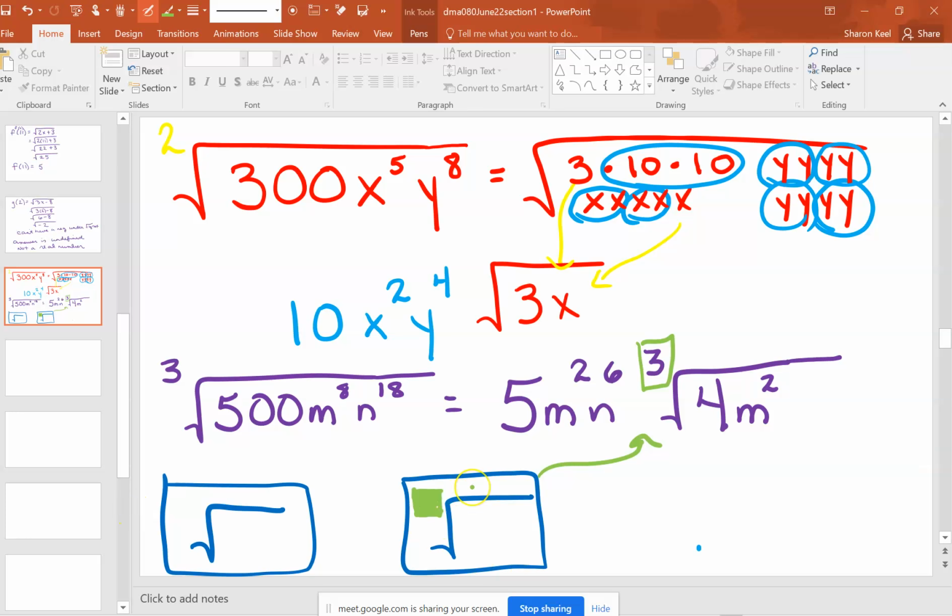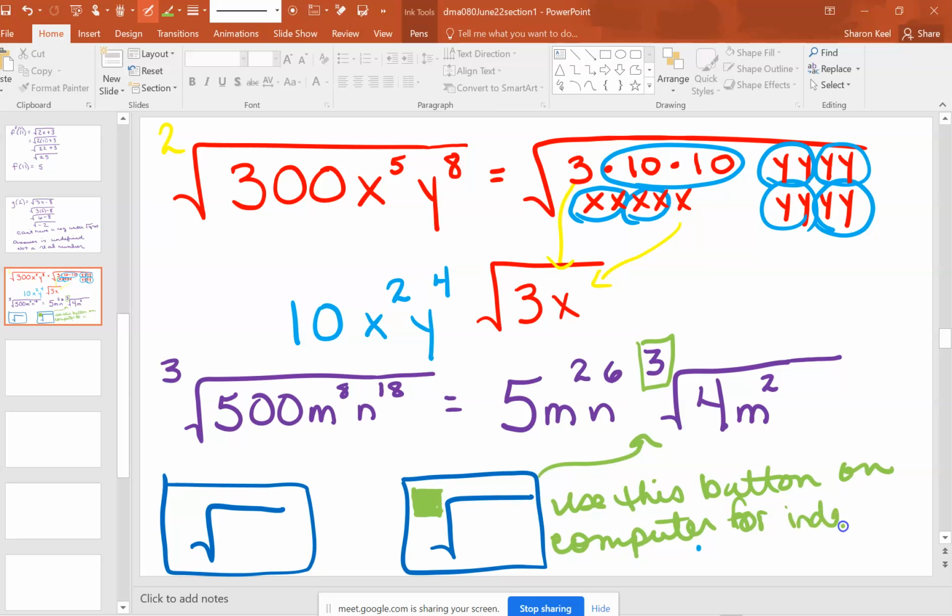There is actually a button, so you want to use this button on computer for indexes. We never put a 2. The 2 is understood for the square root.